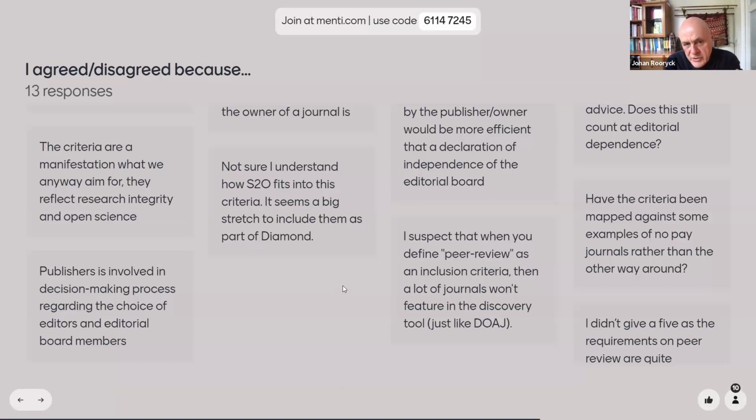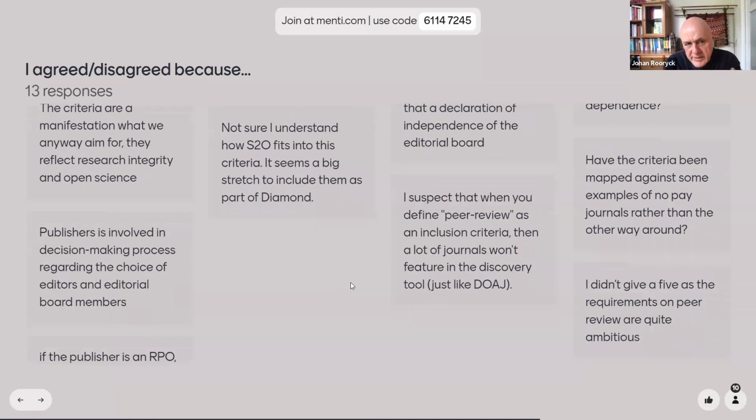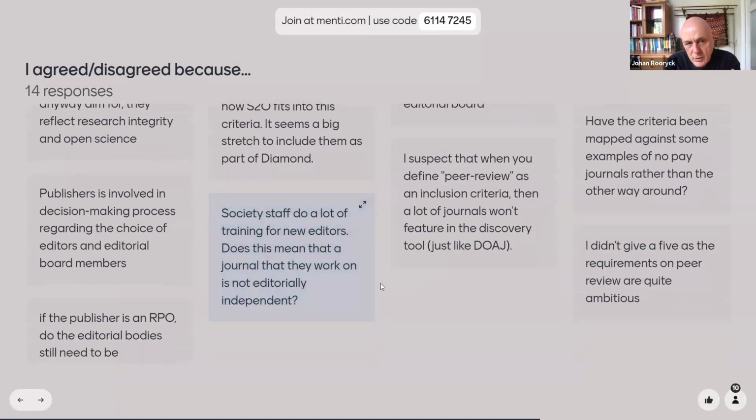The only issue with S2O that I can see in terms of our criteria is the issue of ownership, because obviously in S2O, the ownership of the journal is with the publisher. So that is the issue there.